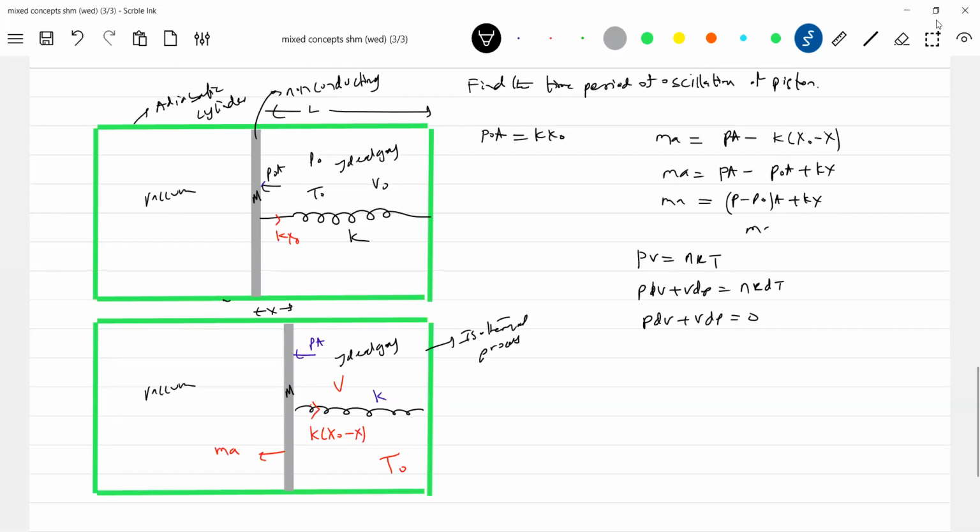So this is nothing but dP. PdV by V equal to dP. So Ma is equal to minus PdV by V into A plus Kx. So what is the change in volume? I think A into x.